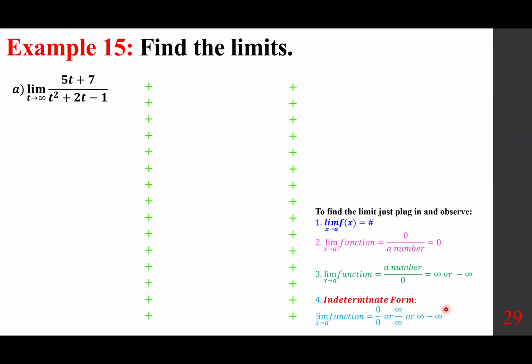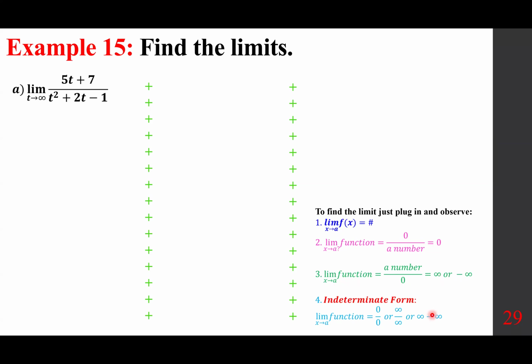But in most cases, we end up with an indeterminate form like 0 over 0, infinity over infinity, infinity minus infinity, 1 to the power of infinity, and things of that nature, which means more work, which means you have to use your algebraic techniques to handle the problem.